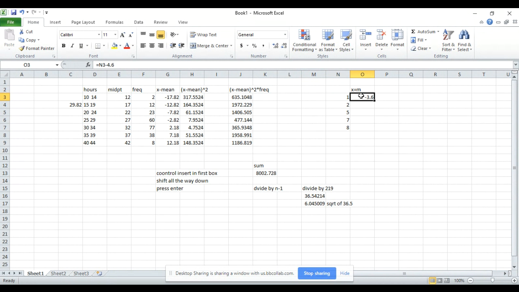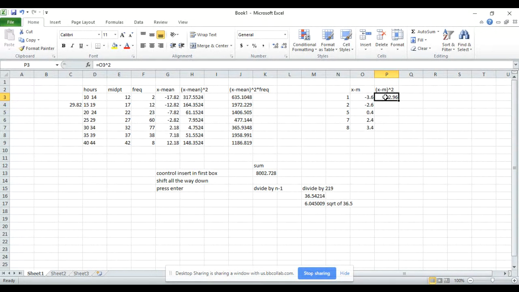Can you see this? Control, insert, shift down. Then we're going to do the x minus the mean, squared. So we're going to do equals that squared and enter.